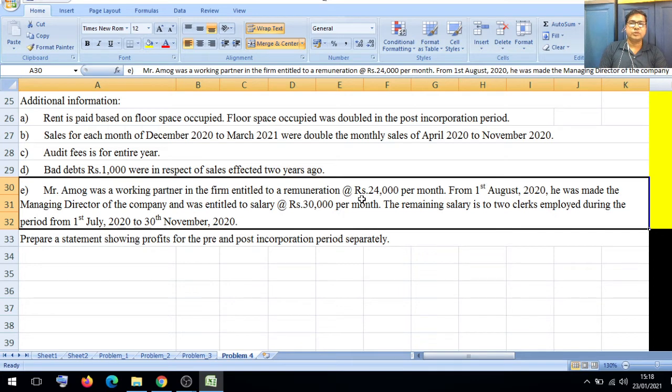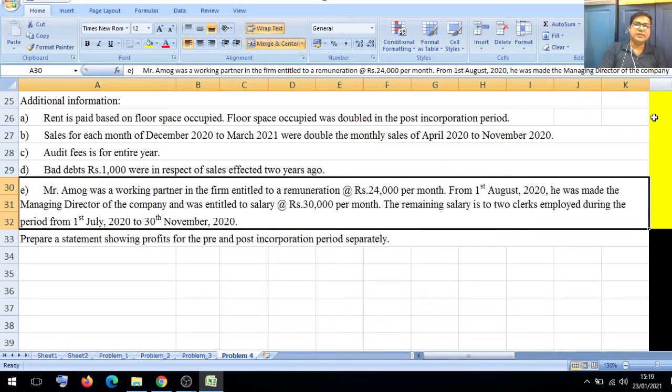From 1st August 2020, he was made the managing director of the company and was entitled to a salary at the rate of rupees 30,000 per month. The remaining salary is for two clerks employed during the period from 1st July 2020 to 30th November 2020.